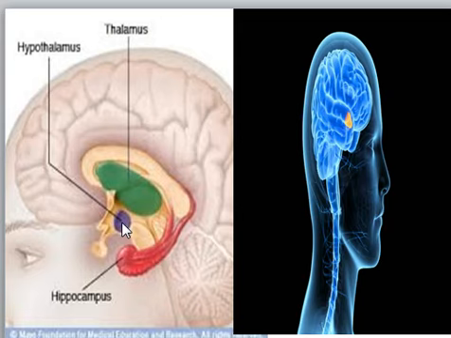The hypothalamus secretes many releasing factors and also produces two very important hormones in the body. The first one is the antidiuretic hormone, which controls the water balance, and the other is oxytocin, which has a very important role in delivery or parturition.